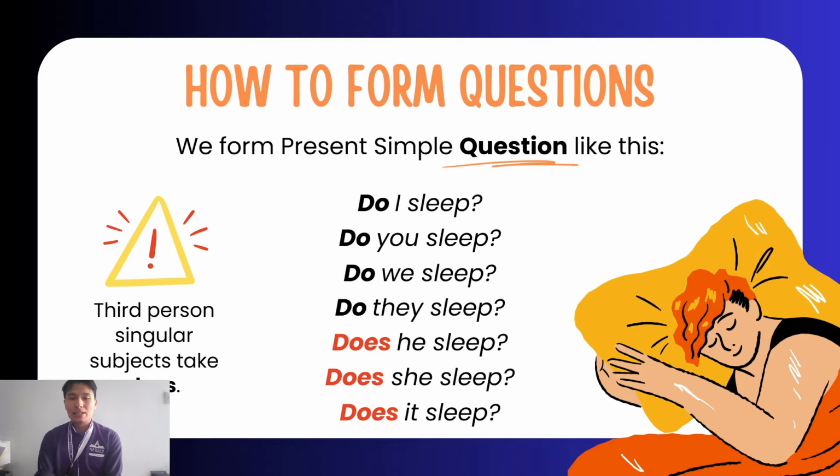In this case, we use do and does to express the present. For example, do works with the subject pronouns I, you, we, and they, while does works with he, she, it, with the third person singulars.